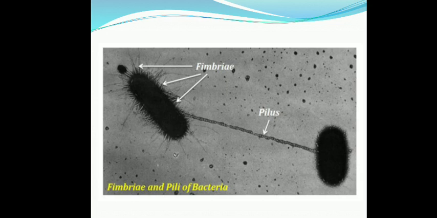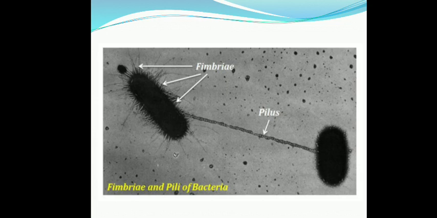If we consider fimbriae, they help the bacteria in adherence, meaning to attach to the host tissue and a favorable microenvironment to draw nutrition. Fimbriae help to gain nutrients or to attach to the host's body. These fimbriae may be present in different bacteria.